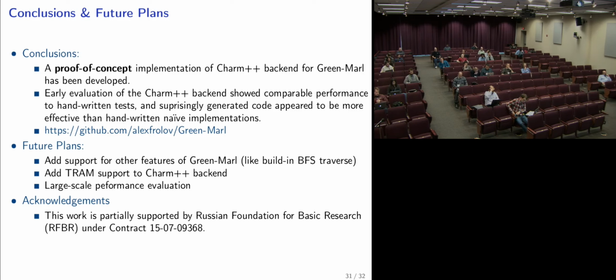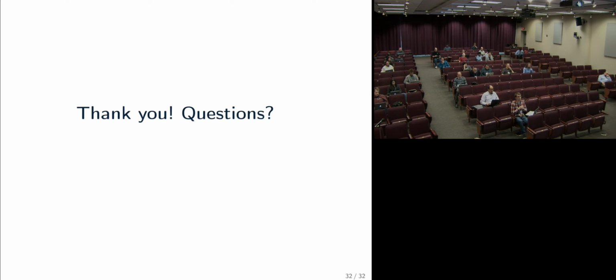In future, I plan to implement more GreenMark specific constructs like built-in breadth first search traversal, and to enable some optimizations in the compiler as well as in the generated code. For example, to implement TRAM aggregations in the generated code. Thank you very much. I'm ready for a question.